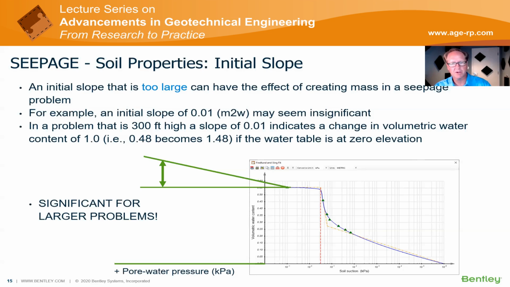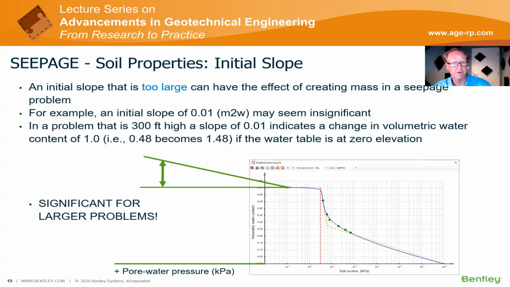You can't fully plot this. I've just illustrated it here graphically, because you can't plot log and arithmetic scales together here. But if this number gets too small, it means that there's a fairly large slope out in the positive zone. And on larger problems, say if you have a facility that is over 300 feet tall, putting in an initial slope of 0.01 indicates a change in your volumetric water content, or your porosity down at the base of your problem, of about 1.0.